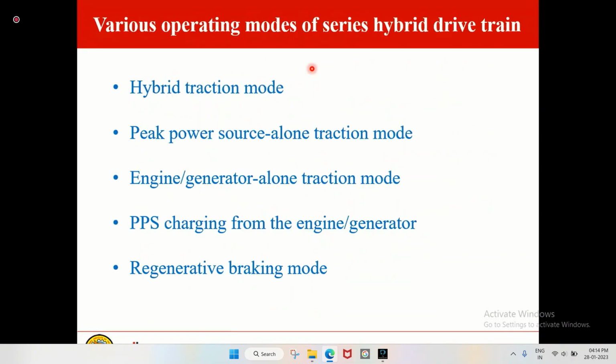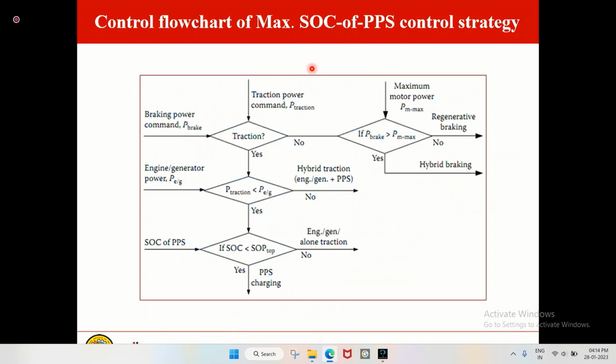There are a number of control strategies, but just to give you a feel of these control strategies, I have presented this control strategy, which is called the max SOC of PPS control strategy, which means the aim is to ensure that the battery SOC, that is state of charge of the battery, always remains at its peak. That is at the heart of this control strategy.